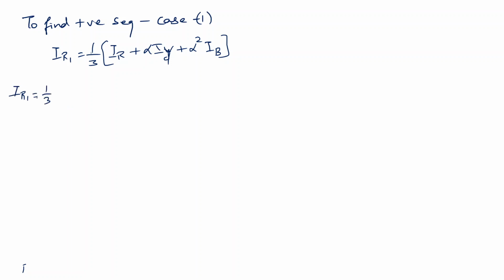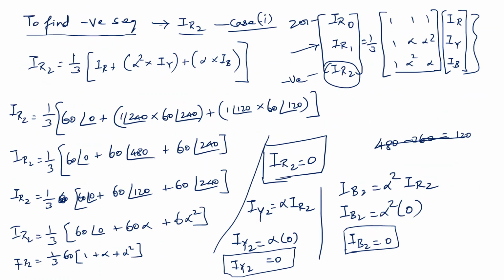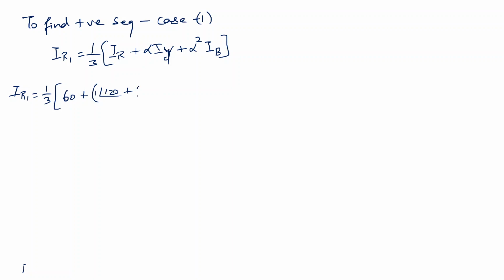IR1 is equal to one third of 60, we know, plus alpha, which is nothing but angle 120, and the IY value for case 1 is 60 angle 240, plus 1 angle 240 into 60 angle 120, correct? Solve this.